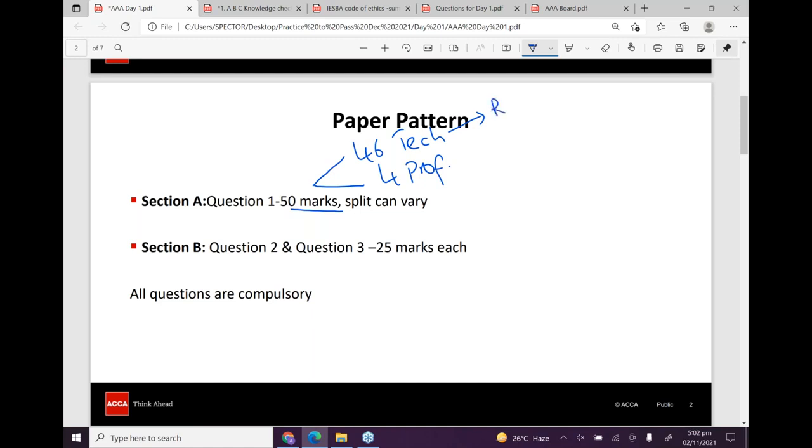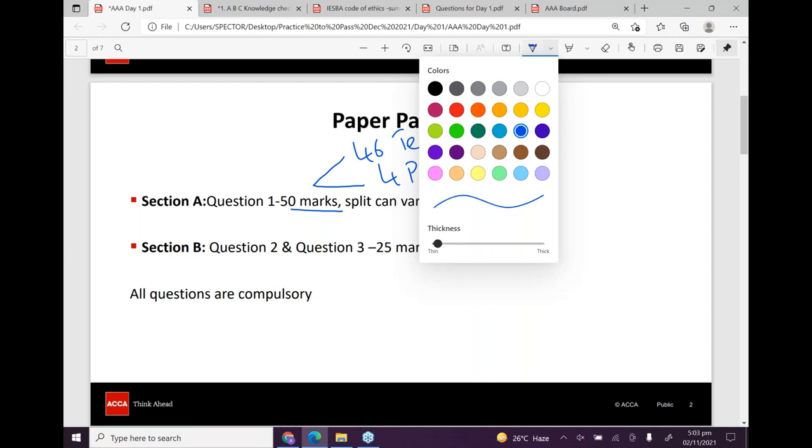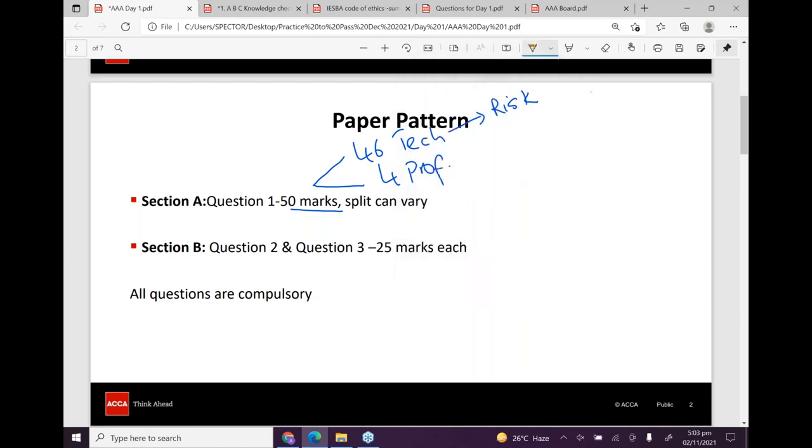So a significant portion of this case study is going to test you on risk assessment. So risk assessment is on our agenda for tomorrow. This could include business risk, audit risk, or both as well. So she has specified there's 100% certainty that there's going to be a requirement on risk.